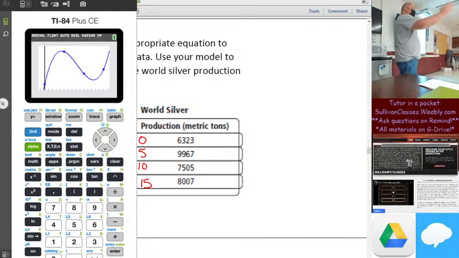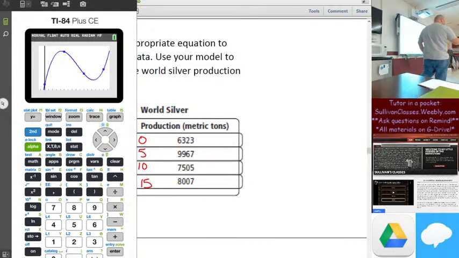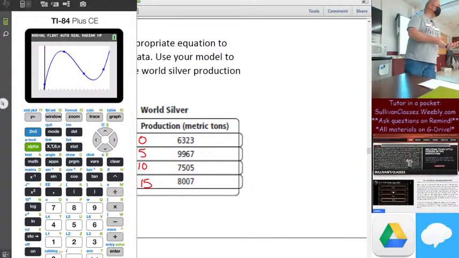The average milk production from cows in Wisconsin in the year 2050 will be -5 billion gallons a year. What? Because the model, when you start to extrapolate, does not make sense. So even though the cubic might fit it perfectly, it doesn't make sense in the long run.